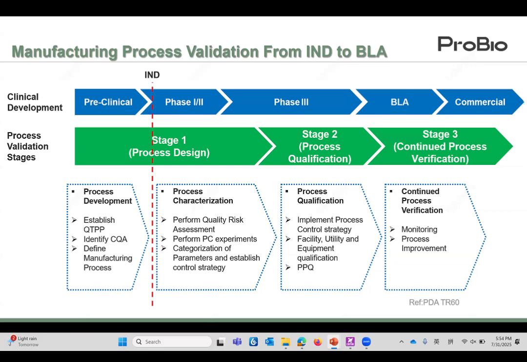PPQ is not just 3 consecutive productions, it's comprehensive work including facilities qualification, method validation, and other supporting validations. I have another slide to show the supporting validation. And when you get the PPQ data, the BLA filing will be done. The BLA filing is not the end of the process development.